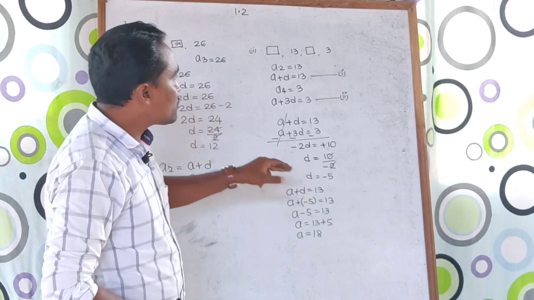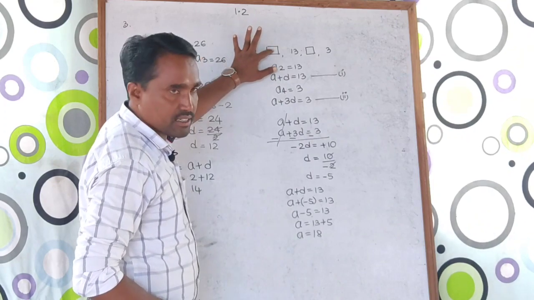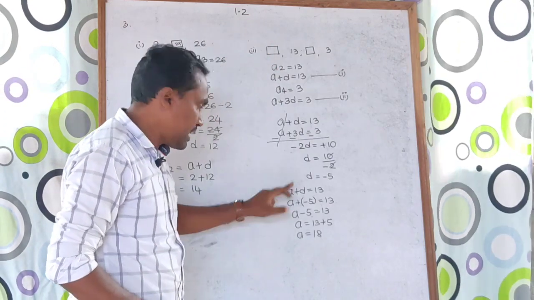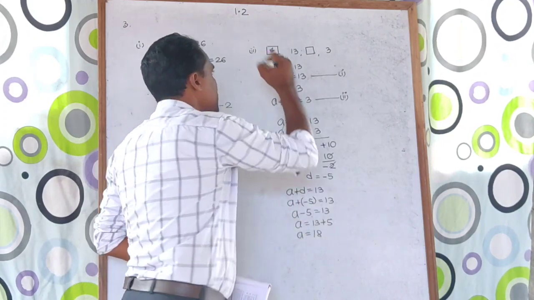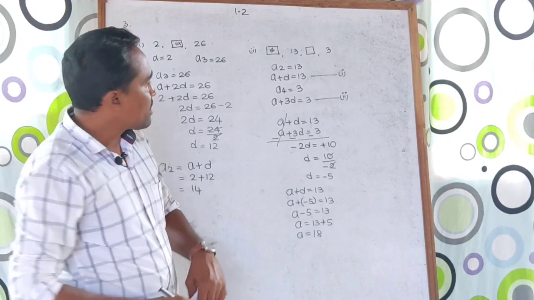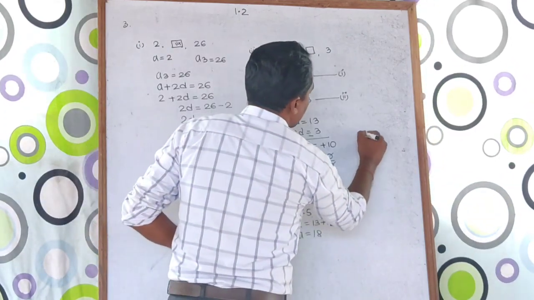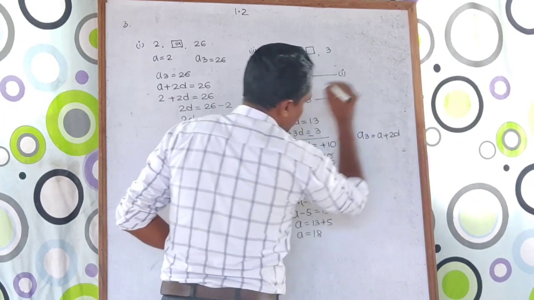Got it? Now we need to find these two boxes. The first box is blank. That means the first term is A1. A1 means A. Therefore, the first box will become 18. Now this is the third box. Third box means I should take A3 equal to A plus 2D.